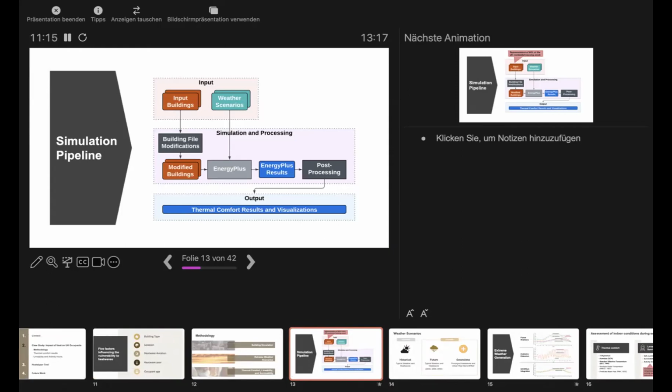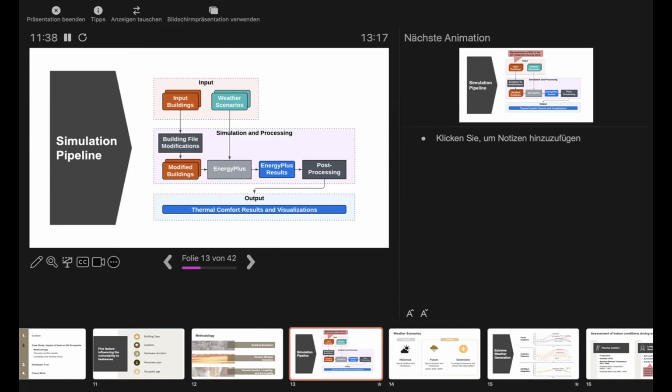We then first modified it, which essentially just specifies what kind of outputs we want to look at, so what kind of thermal comfort outputs we want to have, and some details for the simulations. And then these modified buildings we pair with every single weather scenario we want to look at and feed into this Energy Plus tool, which is a building energy modeling tool that's based on physical processes.